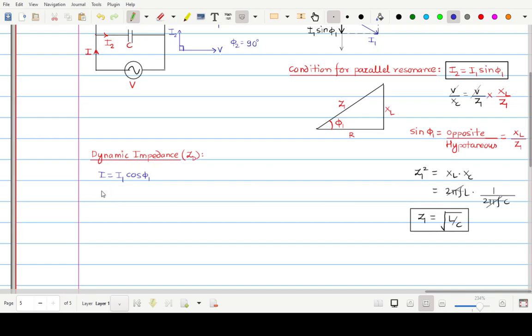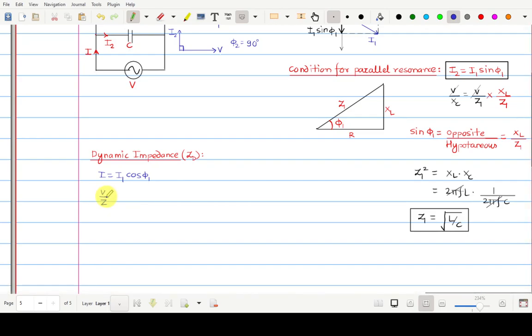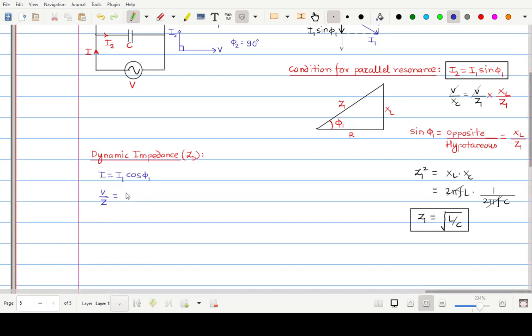Now what is I? As per Ohm's law, I is equal to total voltage upon total impedance. What about I1? It is the current flowing through the first branch, so it is V upon Z1. And what about cos phi 1? We can again take reference of this impedance triangle.